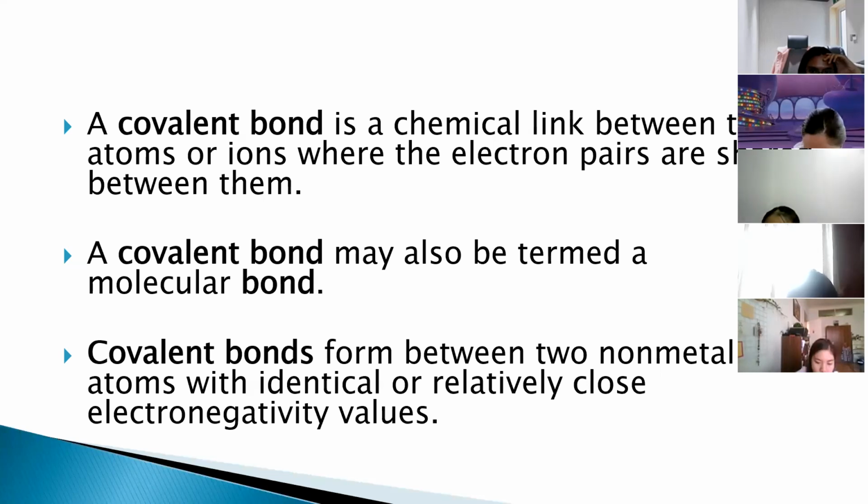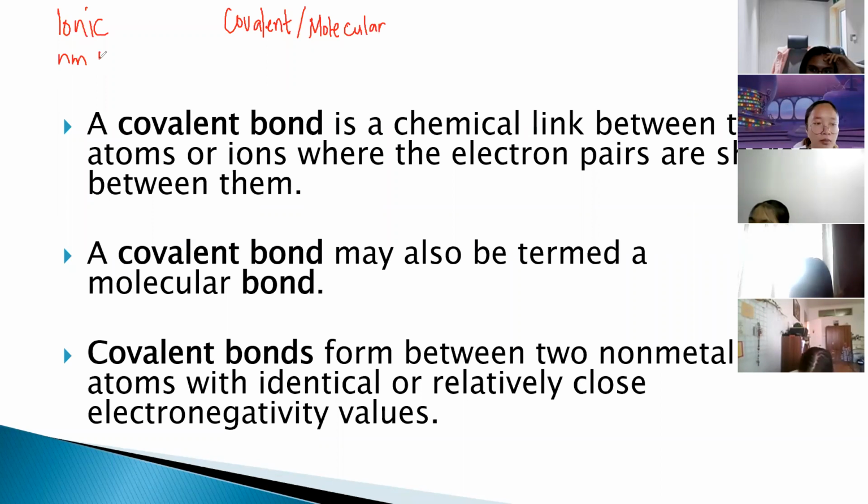non-metals, and let's differentiate, ionic and covalent. Another name for covalent bond is molecular bond. So ionic is between a non-metal and a metal. Reversed, the metal comes first, class.